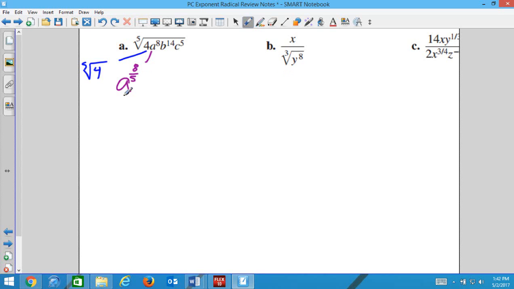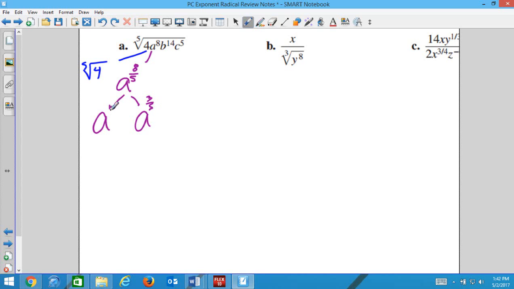So this is the same thing as 1 and 3/5. We're breaking it down, so we're finding the perfect 5th roots that are going to pop out of the radical. There's 5 a's underneath, and then 3 more left over.